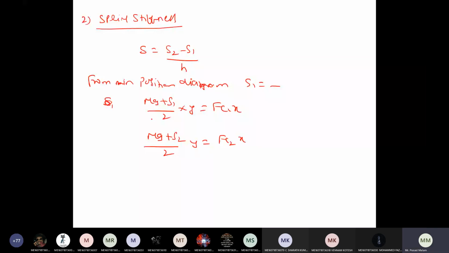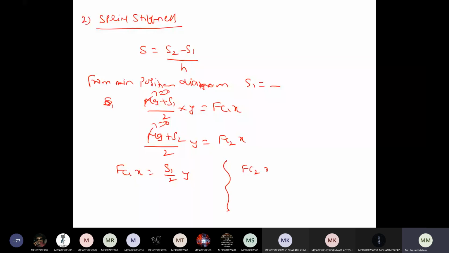Means we are neglecting the mass. So this term will become 0. This mass also will become 0. Mass of the sleeve will become 0. So from this, FC1 into h is equal to S1 by 2 into y. Similarly, FC2 into x is equal to S2 by 2 into y.